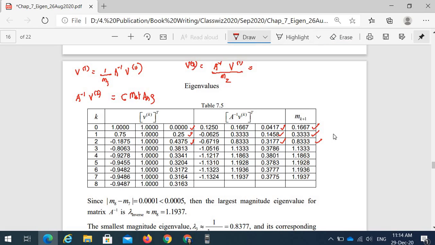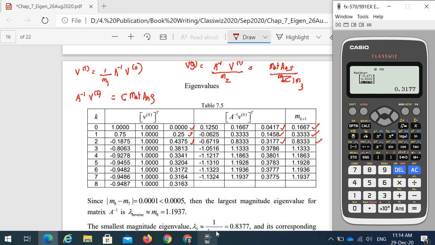Okay, so you'll get V number 3. The process is actually A inverse V1, which is stored in max answer. So now you only take your max answer and divide by your M k plus 1. So V number 3 will divide by M3.